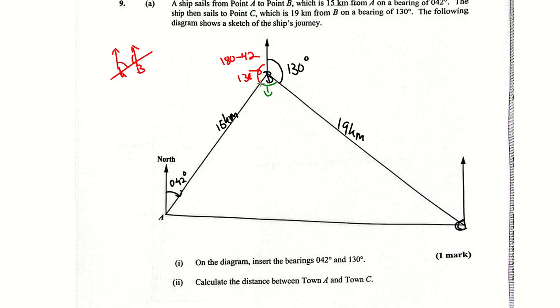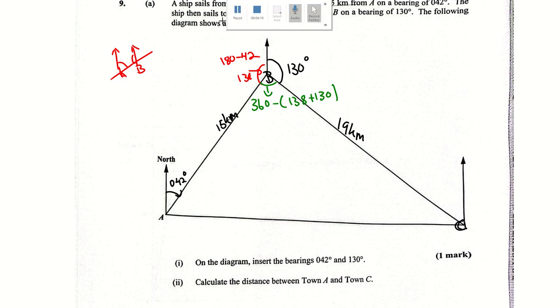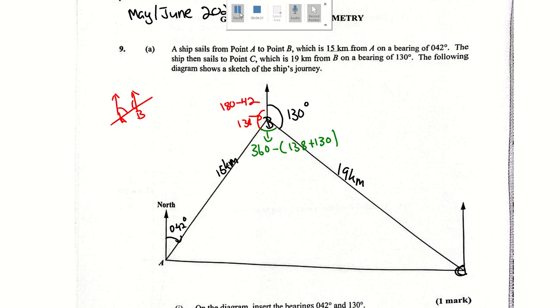So my green angle can be calculated by 360 subtract the sum of 138 plus 130. When we did this, the answer is 92.